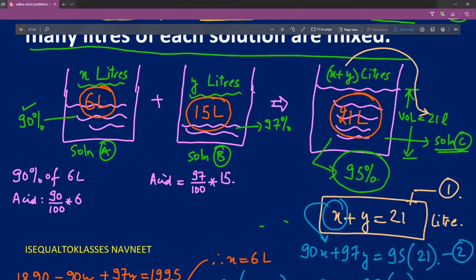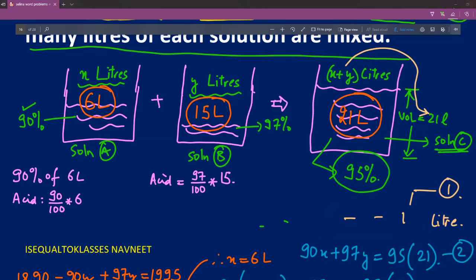Again, I hope you are getting the logic. And the final solution that I have is 21 liters.